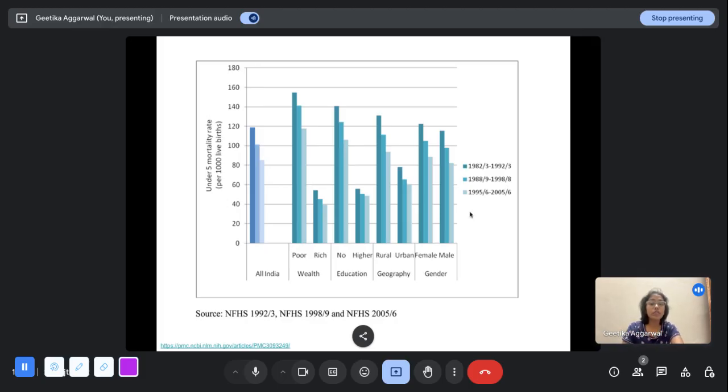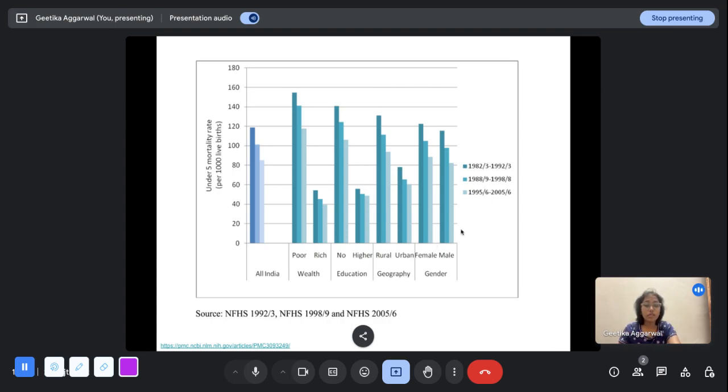Very clearly from these pictures you can see that the rich, the people with more education, people who come from urban areas, and males fare much better than poor people, people who receive less education, people who come from rural environments, and females.